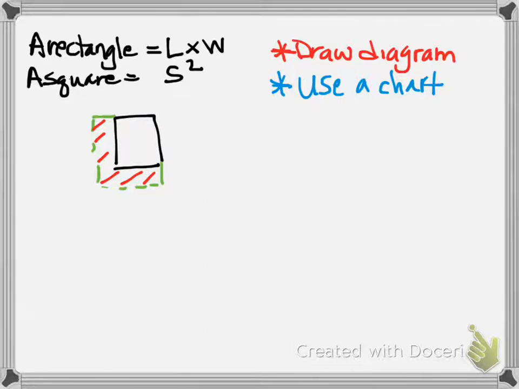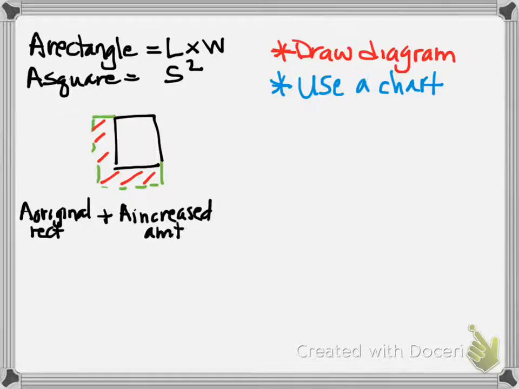So in general, a formula that we would use for a picture like this would be the area of the original, and I'm going to just say rectangle for our purposes, plus the area of the increased amount. So let me go back and kind of color code these. And the area of the increased amount is going to be that L-shape that's filled in with red.